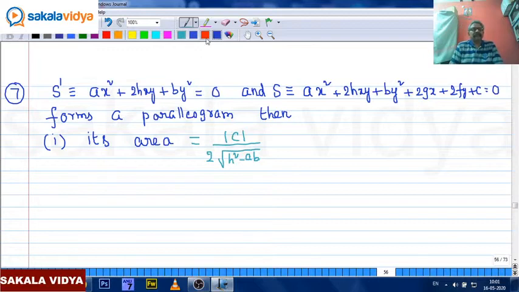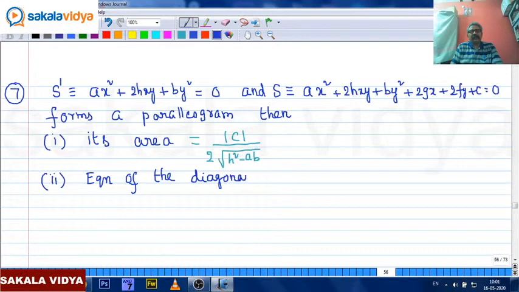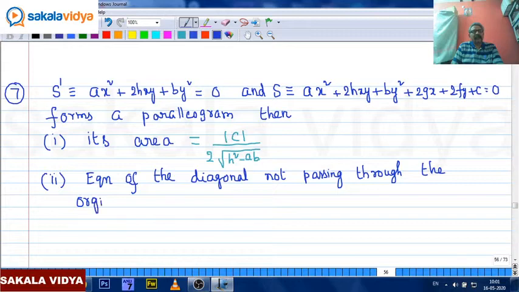So next, second, equation of the diagonal not passing through the origin is, tell me anybody.